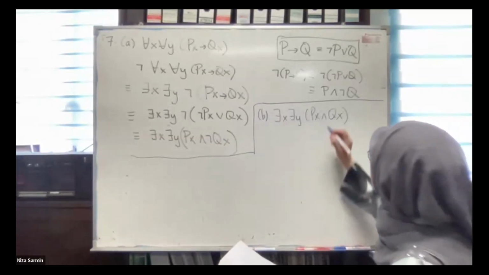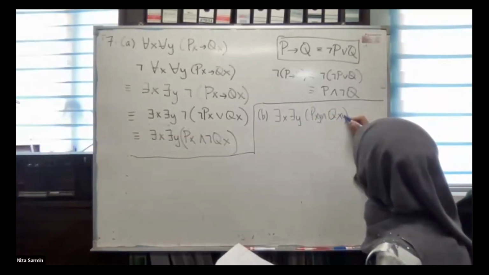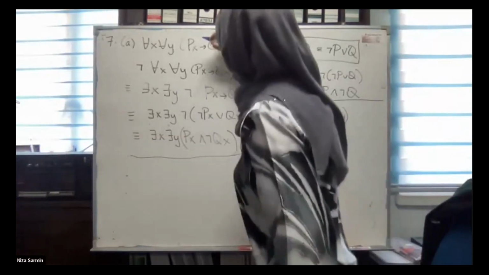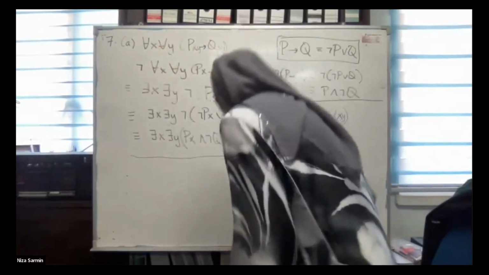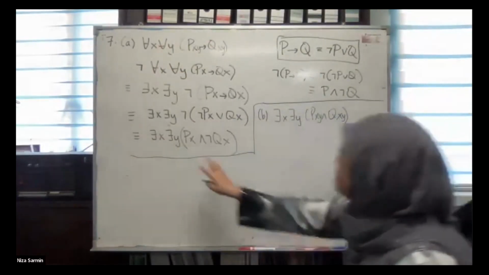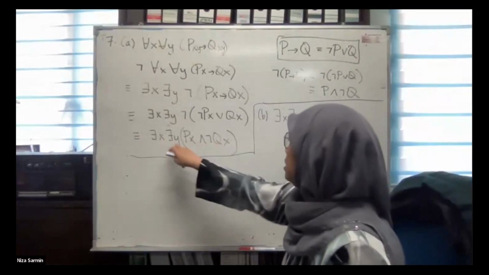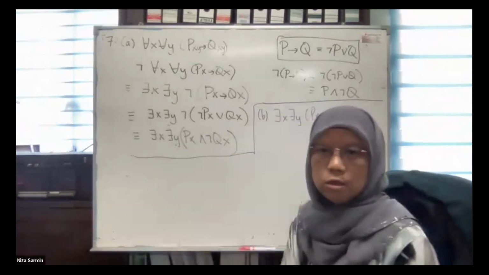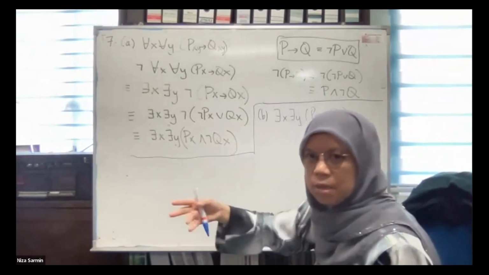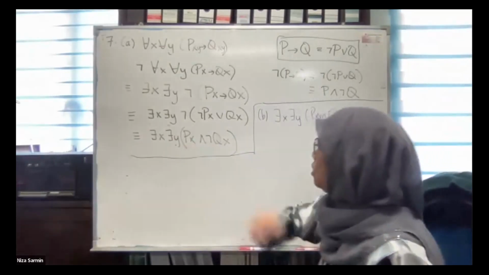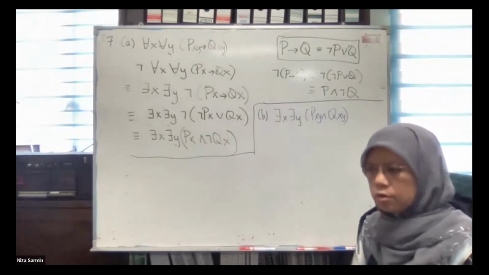I just realized this, sorry. XY, XY. So this one, actually, it is possible, but normally if there is XY, we want to put XY also, but it's okay if this is only regarding X. But normally if there is XY, you also have XY. Okay.